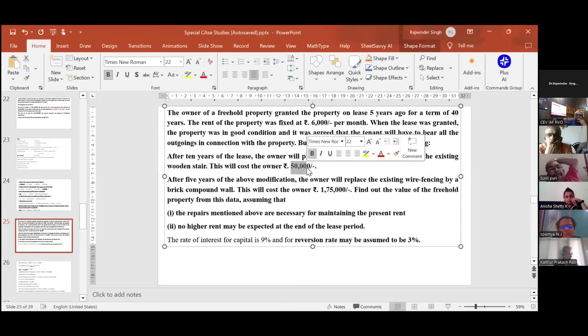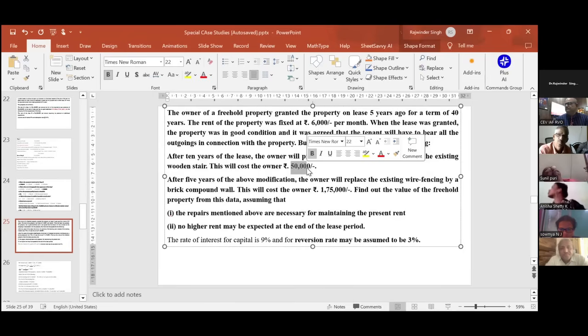What can you do? Which formula will you be using? Present value. We will be finding its present value.